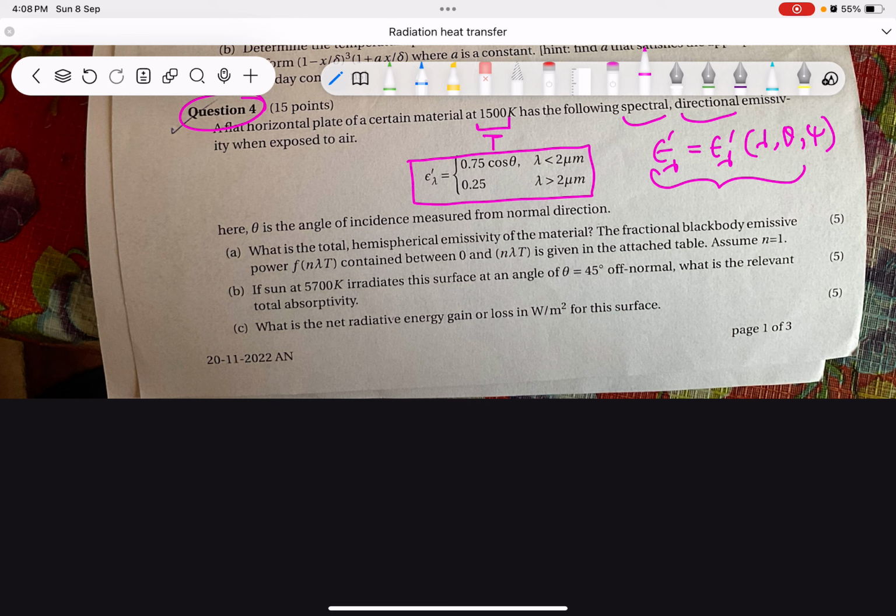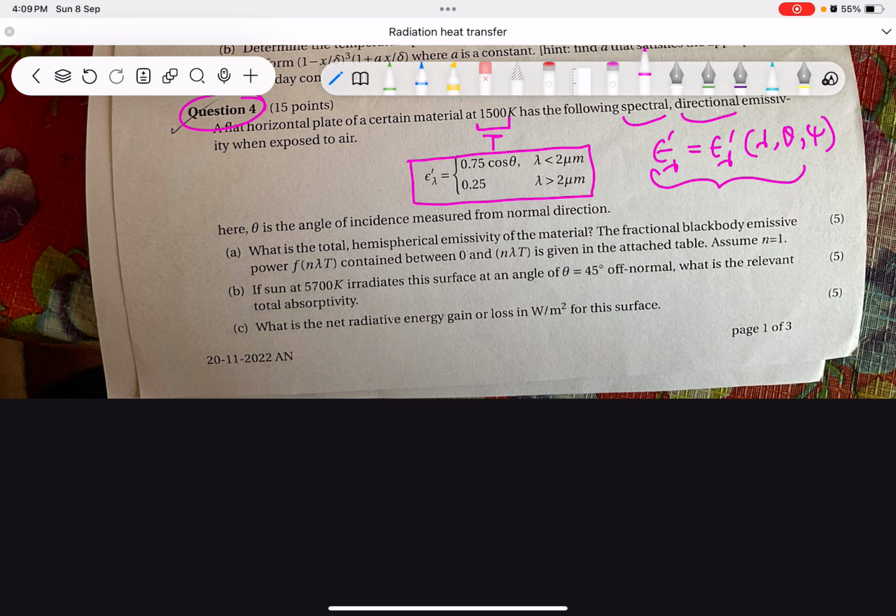But for absorptivity, emissivity and transmissivity, our main concern is the angle of the incident ray which it makes with the normal direction. Now it is asked what the total hemispherical emissivity of the material is.